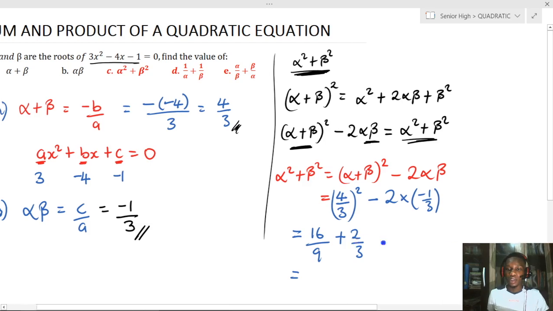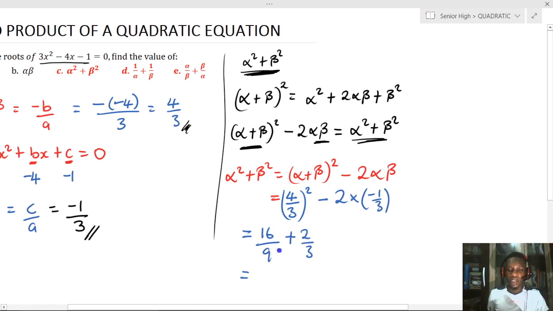LCM of 9 and 3 is going to give us 9. Then 9 in 9 is 1, and here's 16 plus, 3 into 9 is 3, 3 times 2 is 6, and then 16 plus 6 we have 22 over 9, and I don't think anything can divide this again. Okay, so this is the value for alpha square plus beta square.